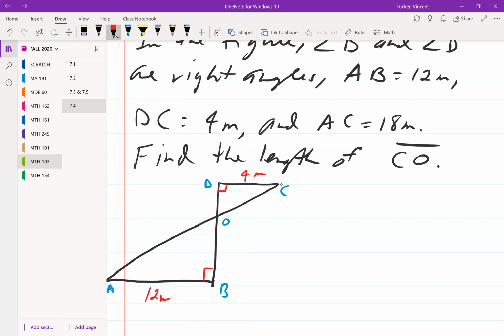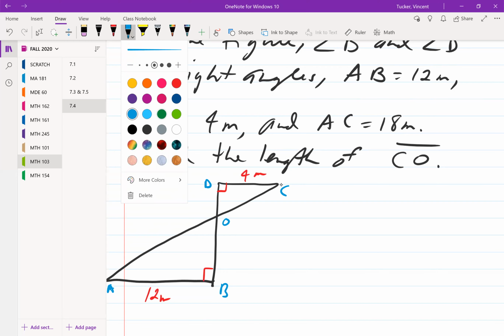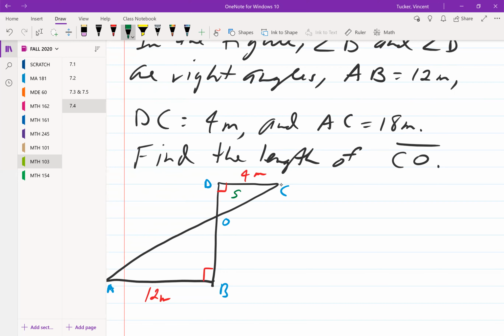All right, so let's look at how we can match this up. We want to be able to set up our ratio like we did last time. We have a smaller triangle up here, a larger, bigger triangle down here. So we want to set up our ratio as small side over big side.